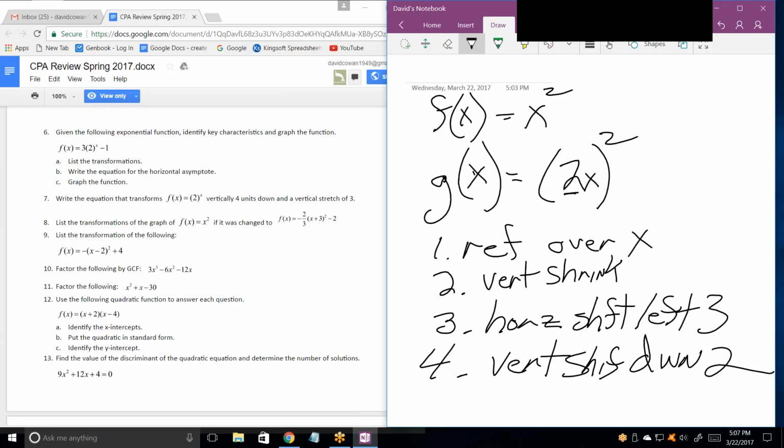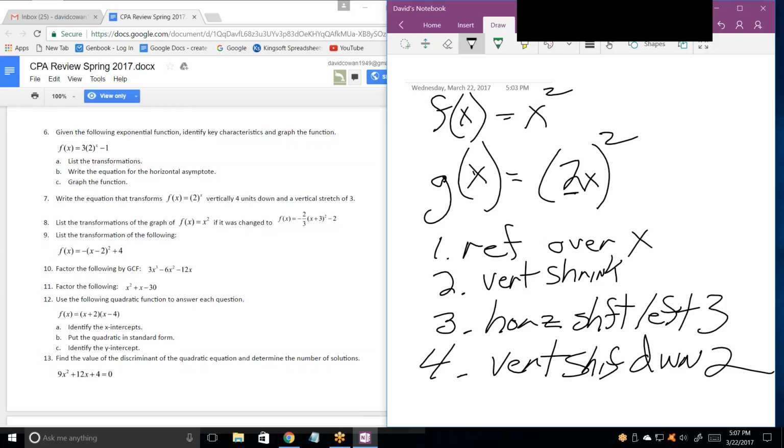Everything inside the function is horizontal. You see why I say it's inside the function? It's inside the parentheses. As opposed to a 2 outside the parentheses, that would be a vertical stretch. But this is a horizontal what? Horizontal stretch. Shrink. They go opposite one another.